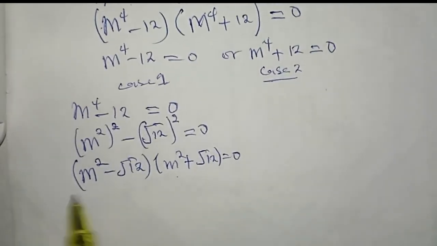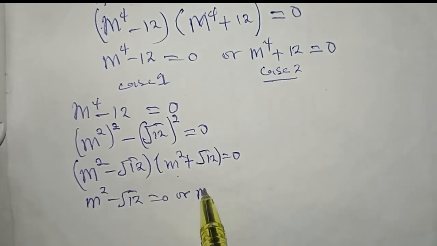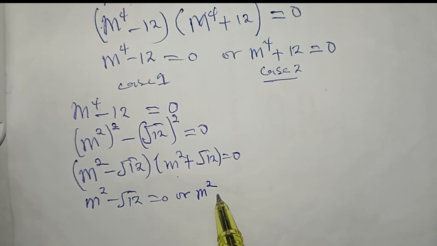So again, m power 2 minus root 12 is equal to 0, or m power 2 plus root 12 is equal to 0.